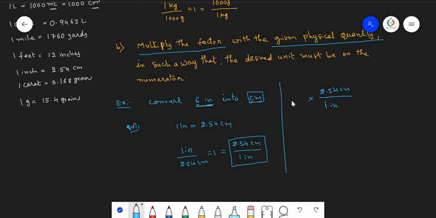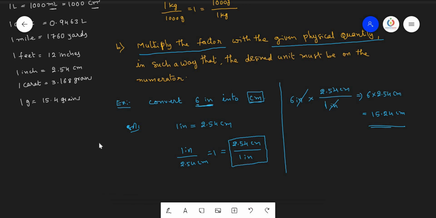That is 6 inches. Now inches get cancelled. Now 6 into 2.54 centimeters, that value is 15.24 centimeters. In this way we can convert one given physical quantity into another.